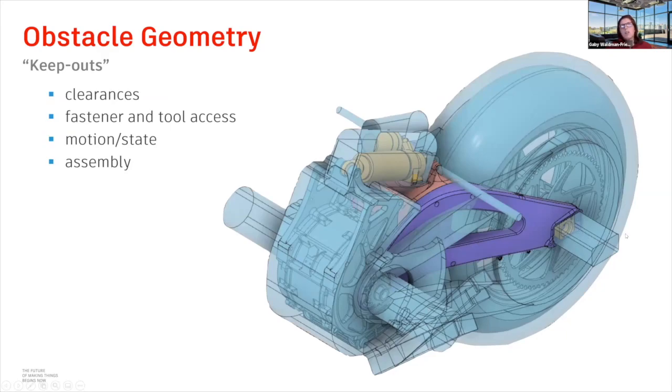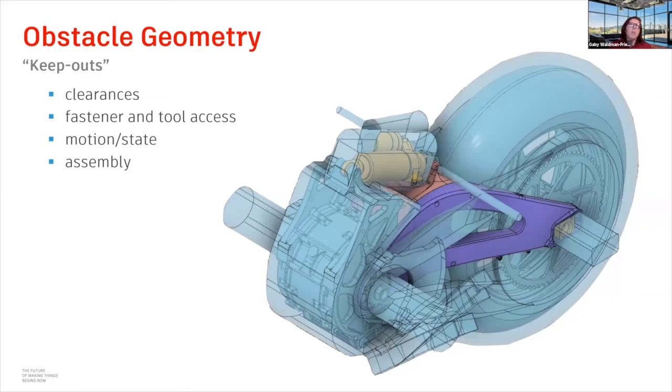We'd model this block to represent tool clearance. We'd model the motor plus some. We'd model the suspension. We'd model this rod that goes through that represents not just the screws, but also the tool you would need to get in to fasten the screw.